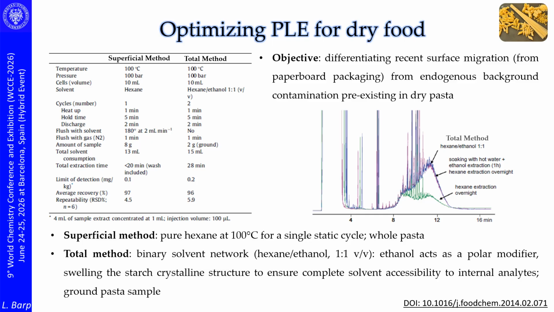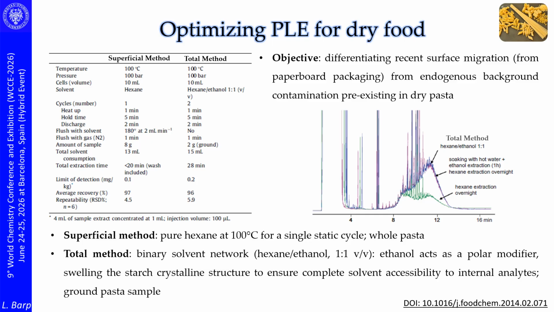For the superficial method, our primary goal was to restrict solvent penetration. To achieve this, we utilized a whole, completely intact pasta sample, extracting with pure hexane at 100 degrees and 100 bar for a single static cycle of 5 minutes.